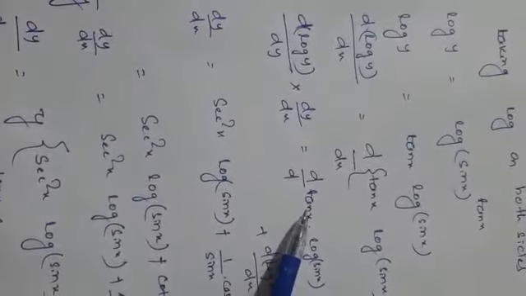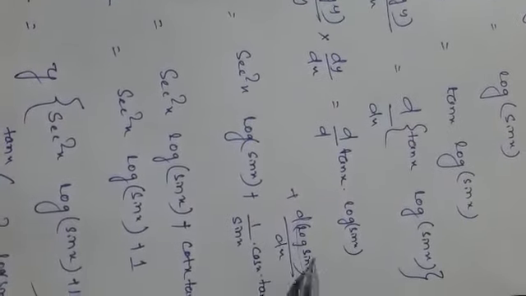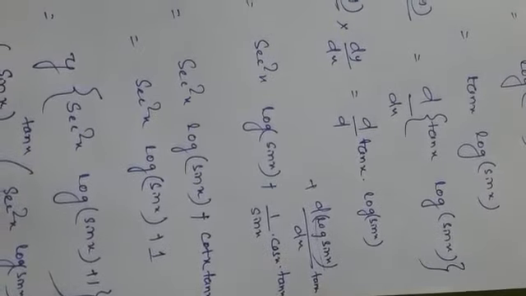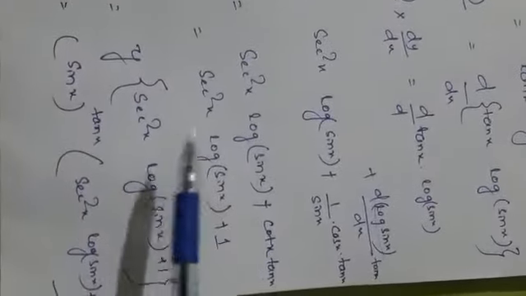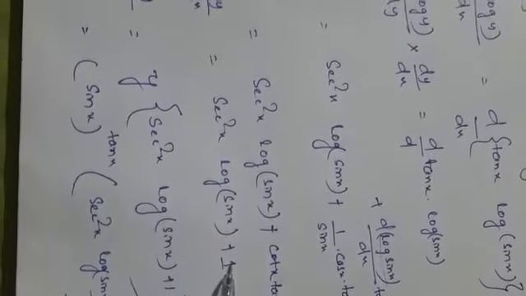Now, the derivative of 10x is 10, into log sin x, plus the derivative of log sin x. If you remember the chain rule correctly, log theta gives 1 by theta into the derivative of sin x, which is cos x, multiplied with 10x. So after simplifying, it is 10 into log sin x plus 10x cot x.